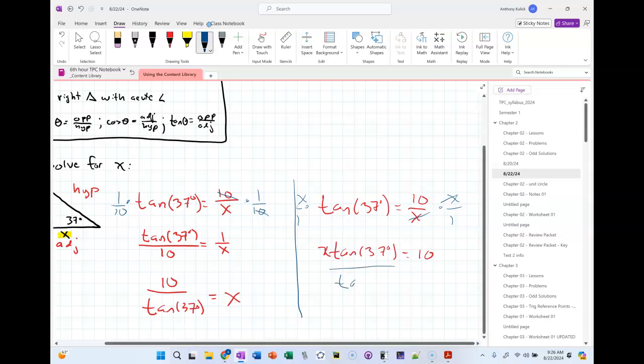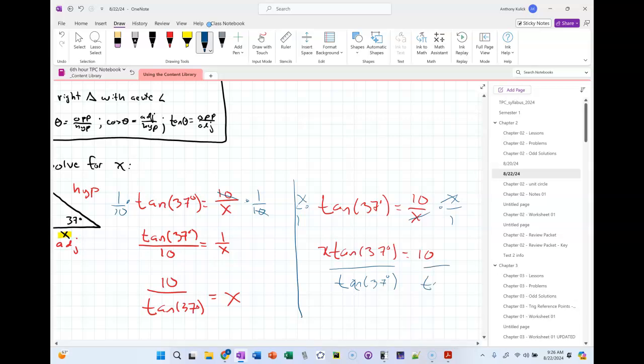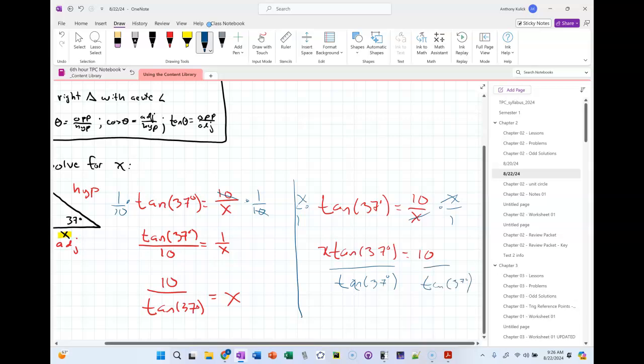Or if we went this route where we multiplied both sides by x, which I think is the cleaner way of doing it, we can then just divide by the tan 37, and notice we're at the same spot, right?